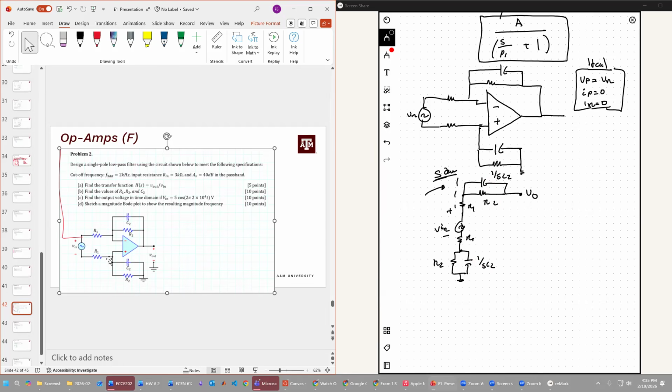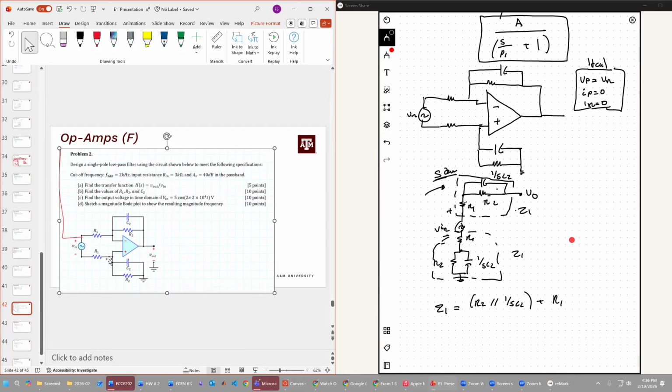So I'm going to combine all of these into a single impedance. In fact, it's going to be identical on both sides, right? Because we have these two in parallel, and then those are going to be in series. So we're going to call this Z1 and Z1 on top and bottom. So Z1 is just going to be R2 in parallel with 1 over SC2, plus R1.